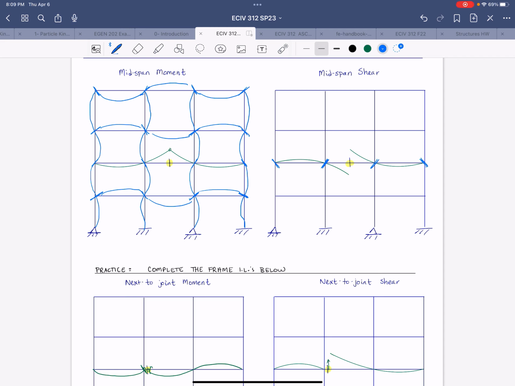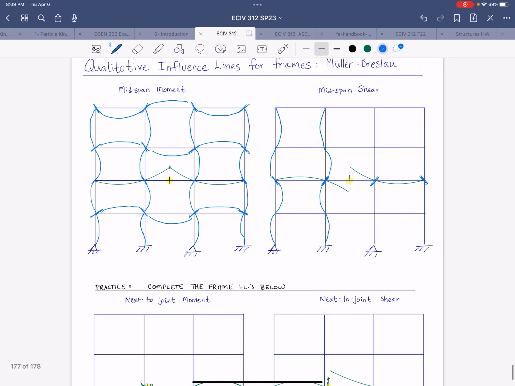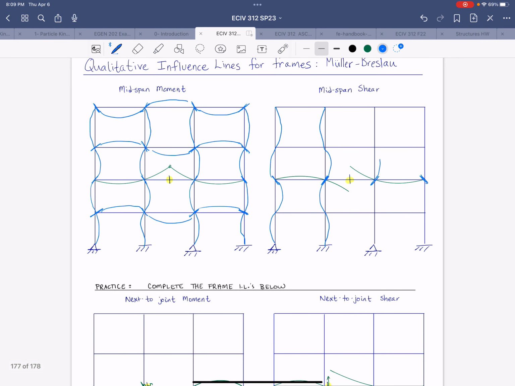Noting the rotation of each joint, we'll then use that to draw the column curves. And your sketch doesn't have to be perfect, it doesn't have to be pretty. It just needs to show the correct rotations of joints.